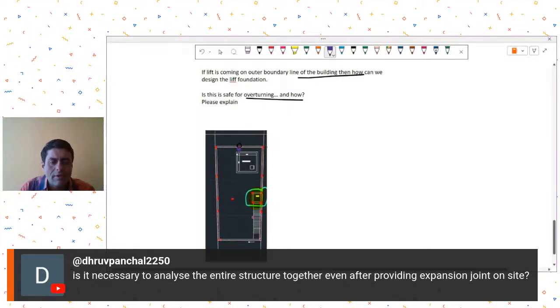So overturning, why do you think there will be overturning? First of all, which overturning are you considering? In this case, let's say your general footings will be at this level. This is the raft slab you have provided. What is this?